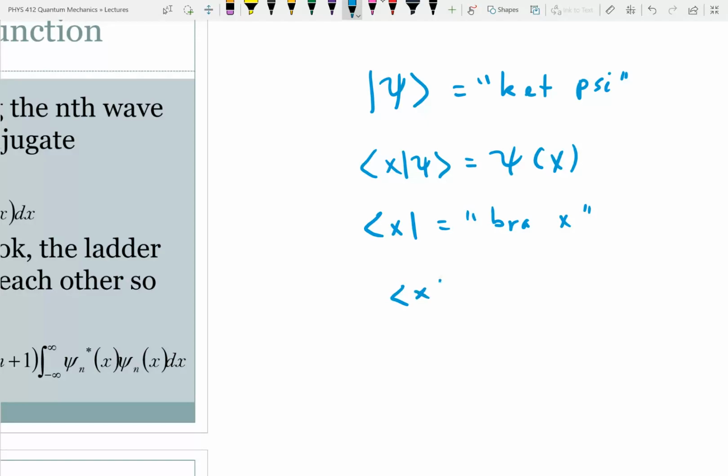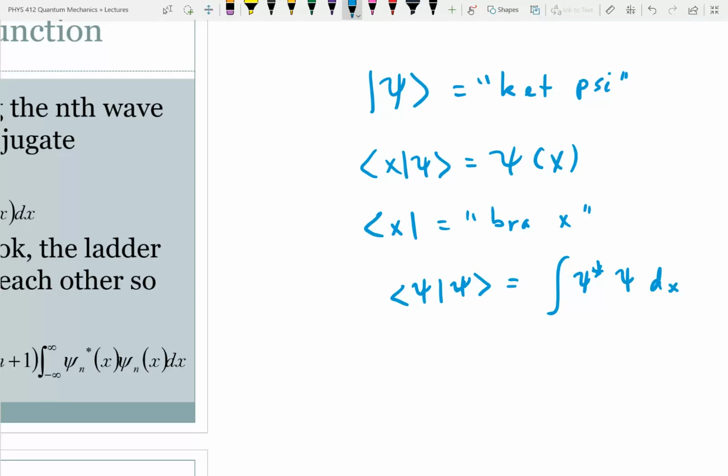So I'm going to write it this way. This implies the integral of psi star psi, and I'm going to put dx.